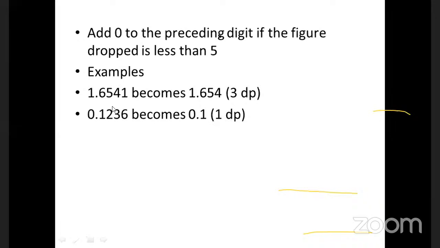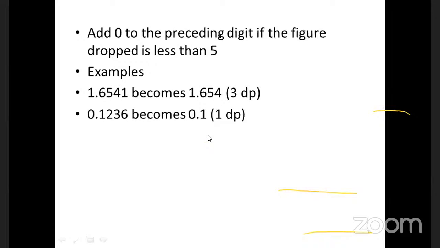We want to approximate to 1 decimal place, which means 1 step will remain here on 1. So this becomes our preceding digit, and the figure to be dropped is now 2. Is that okay? The figure to be dropped is 2, and 2 is less than 5. So we drop the rest of the figures. Because 2 is less than 5, we add 0 to 1. So this remains 0.1.